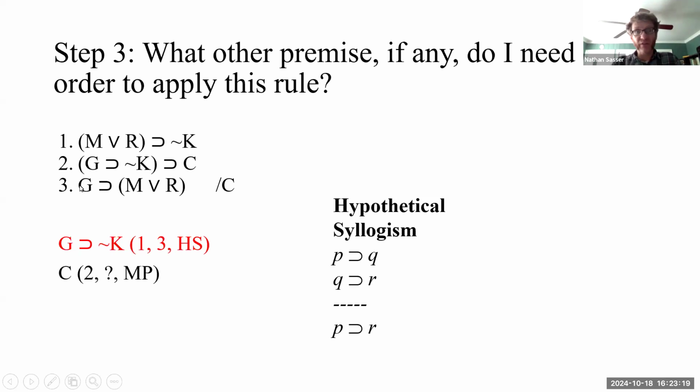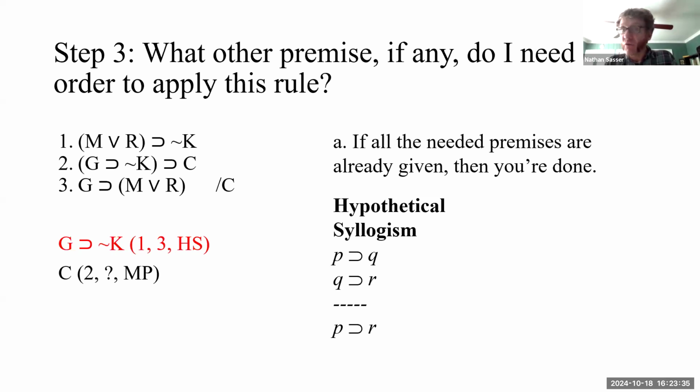Yeah, line 3. If G then M or R. Do I have an if Q then R? Yeah, line 1. If M or R then not K. And so I've got everything I need already. I don't have to like posit another line. If you've got all the premises you need to prove your final step, you're done.